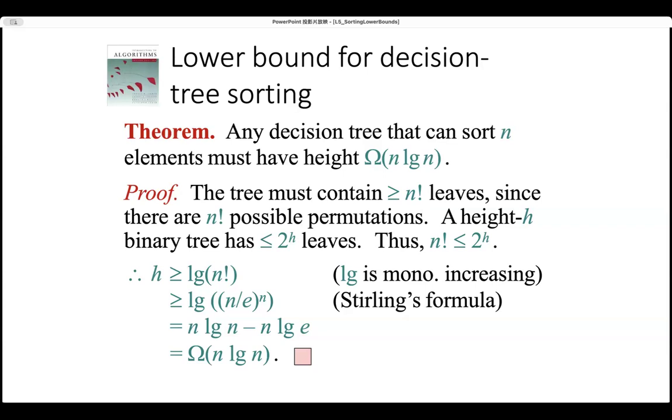So if you take log on both sides, the right-hand side, 2 to the power of h, after you take log, assuming the base is 2, you get h. And the left-hand side, log of factorial of n, is what you have here.